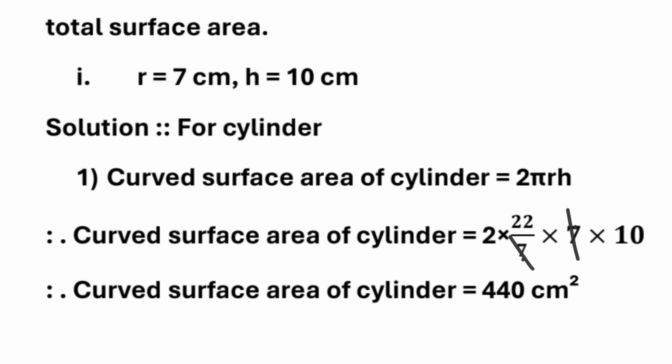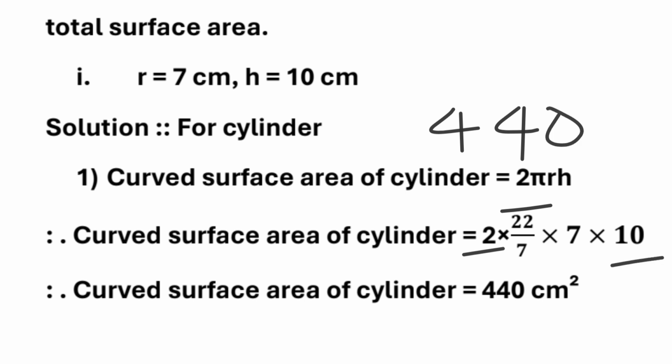After cancellation, what is left over? 2 into 22 into 10. 2 into 22 is 44, into 10, we add 0 there.